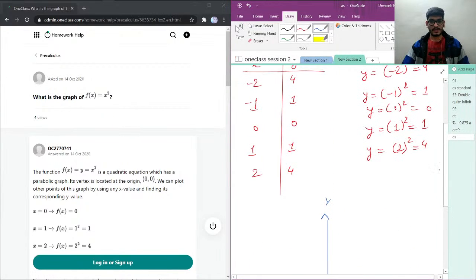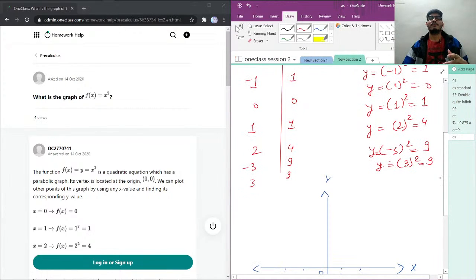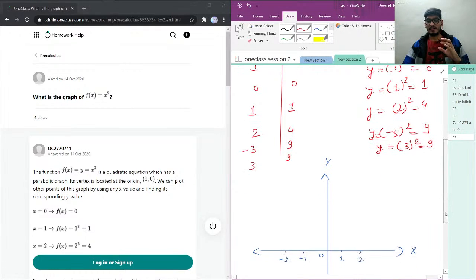And let's just find the value of y for -3 and +3. So for -3 it is going to be 9, and for +3 it is again going to be 9. It is better if you have more coordinates, because it will help you create a better curve.